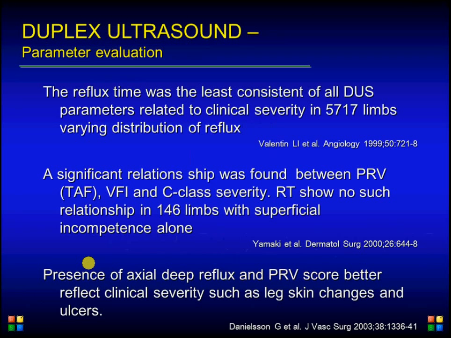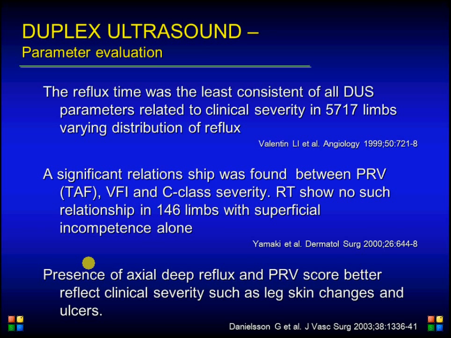Now, what we know about these parameters is that the duration of reflux is not related to the severity of reflux. So if you have a reflux that is 15 seconds, it doesn't mean that it is worse than one you have that is 10 seconds.